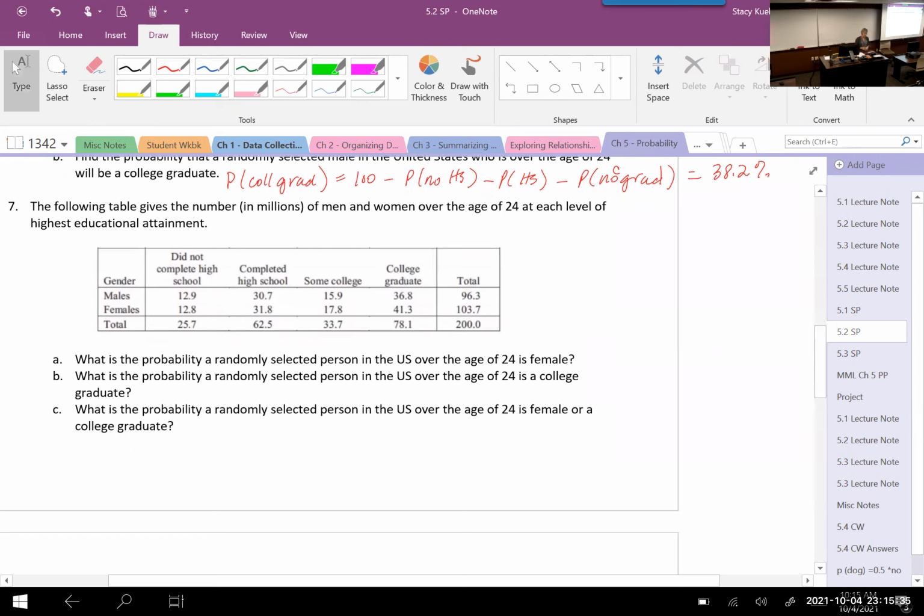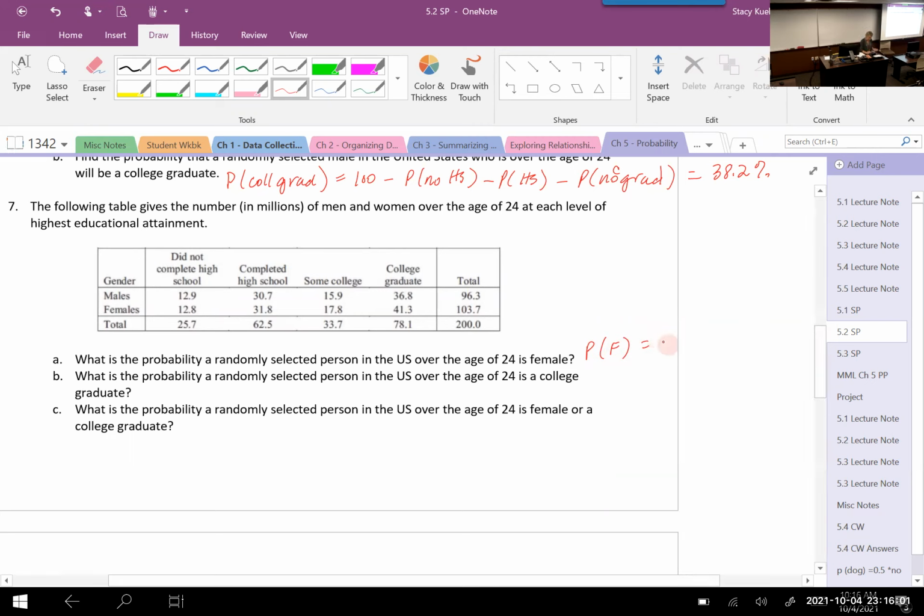So then the last one is a table, and this is very similar to the problem that I worked already. What is the probability of randomly selecting a female? Give it to me. Let me hear you. 0.519.